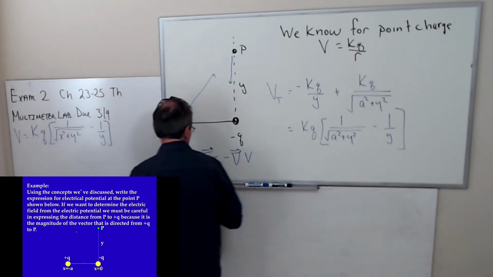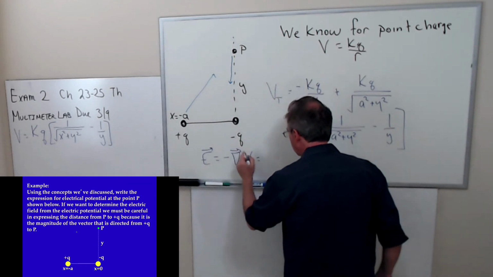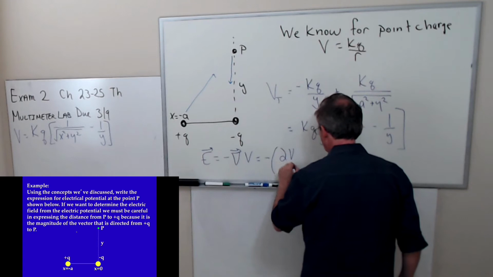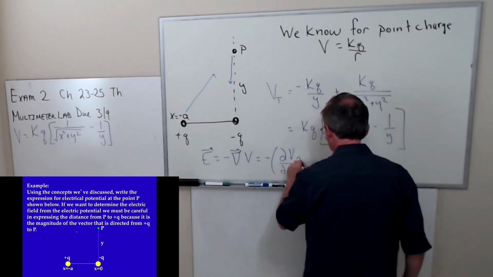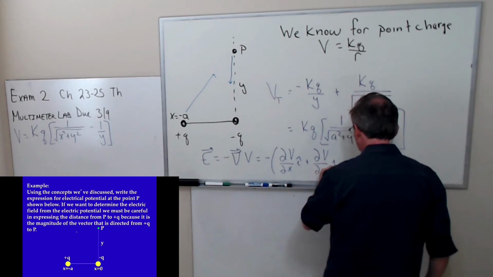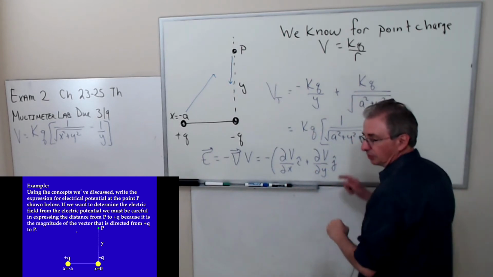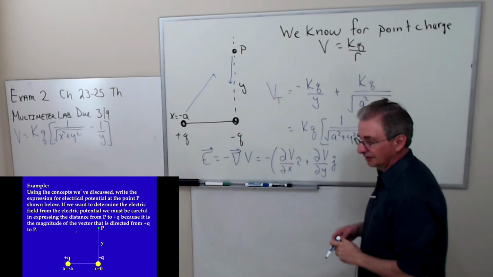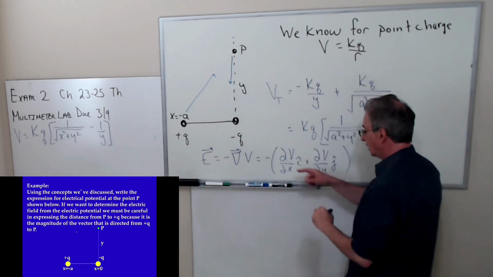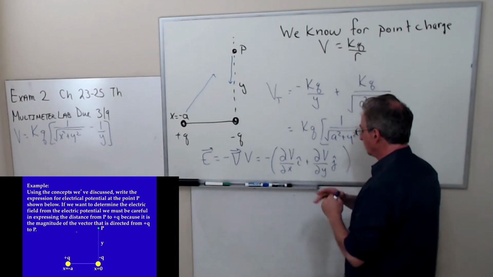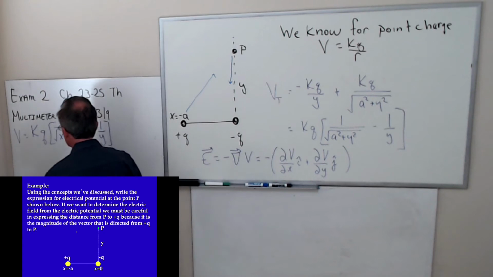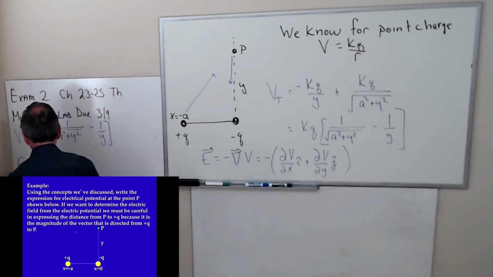And now I want to calculate the x component of the electric field. Remember what this is. And I don't care about the z component because there's no z's in here. Okay. So I'm going to take the derivative of the electric potential with respect to x. So if I take the derivative with respect to x, what am I going to get?